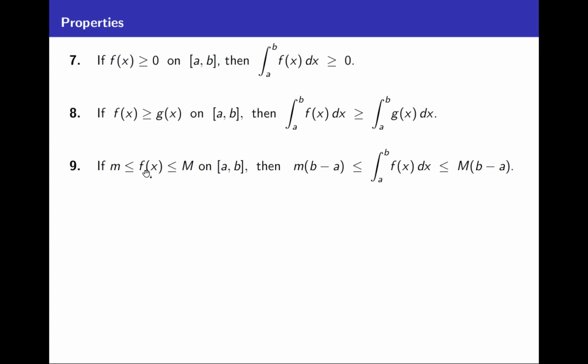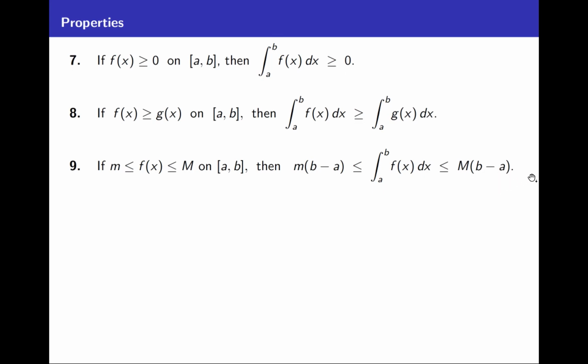If f of x is bigger than a number little m, but less than a number big M on the interval from a to b, in other words, if no matter how you pick x in this interval from a to b, f of x is bigger than or equal to little m, or less than or equal to big M, then you get the following inequality. The little m times b minus a is less than or equal to the definite integral from a to b of f of x dx, which in turn is less than or equal to the big M times b minus a.